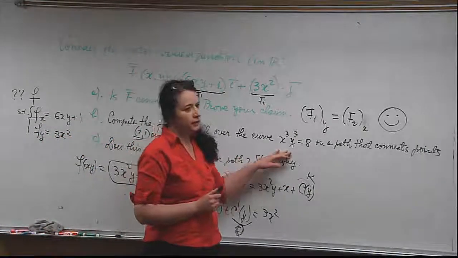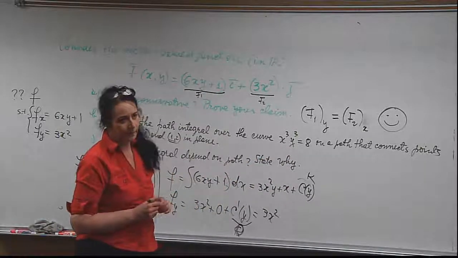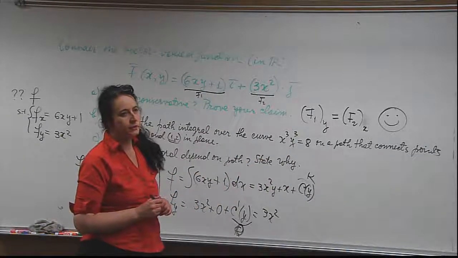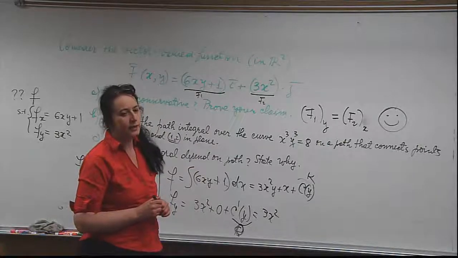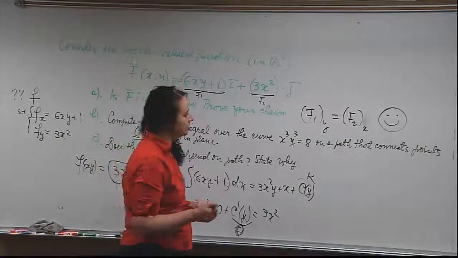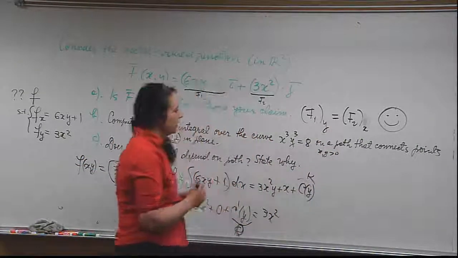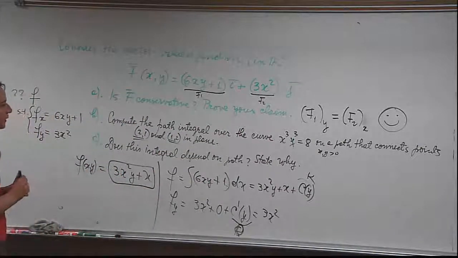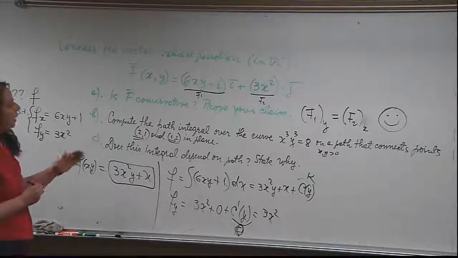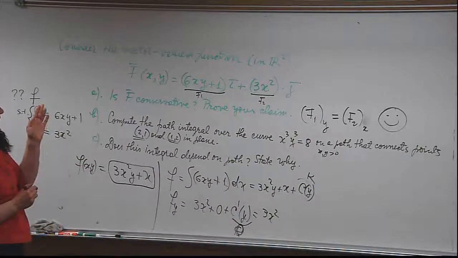What do you think this is going to be? Actually, we have to do it now because it's a lot simpler than you think it is. X and Y will be positive. I can also restrict that. It looks horrible, but it's actually much easier than you think. So how do I compute that path integral that connects the points?